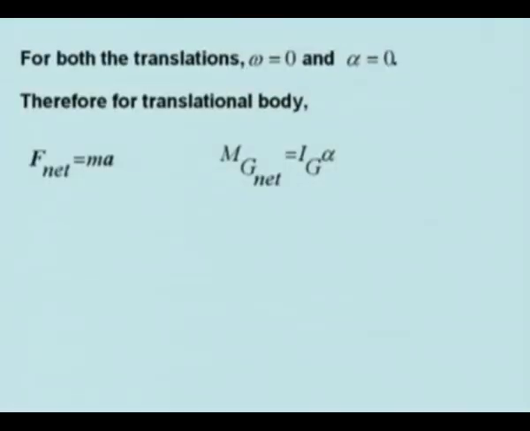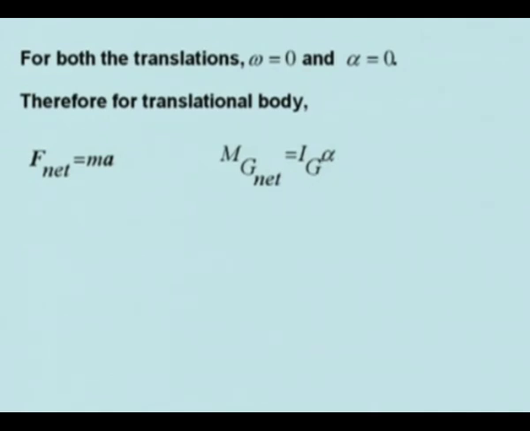So therefore for translation, omega is 0 and alpha is 0. So for translation of a body, F net becomes equal to mass times acceleration, because that was one equation. This is a vector equation. F net is a vector and that is equal to m times a, and M_G net is equal to I_G times alpha.